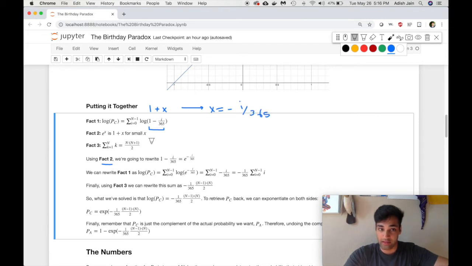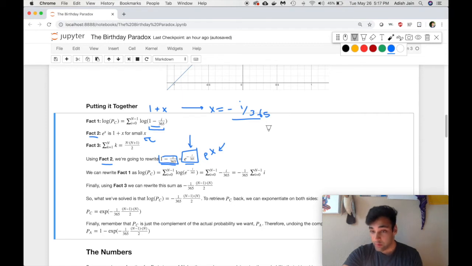And in fact 2, we say that e^x is well approximated by 1 plus x, and so 1 plus x is also well approximated by e^x. Applying this fact in reverse, we can rewrite this as e to the negative i over 365, where x is negative i over 365. This is all to rewrite what is inside these log terms in terms of e.